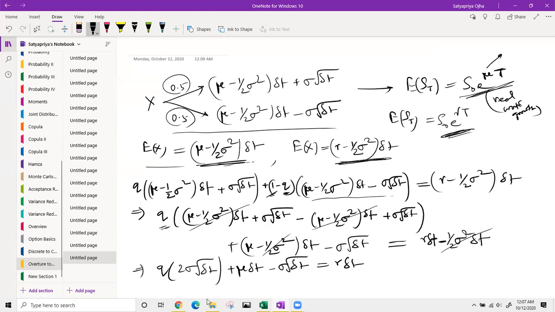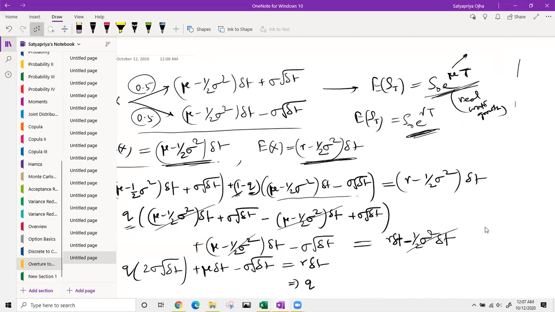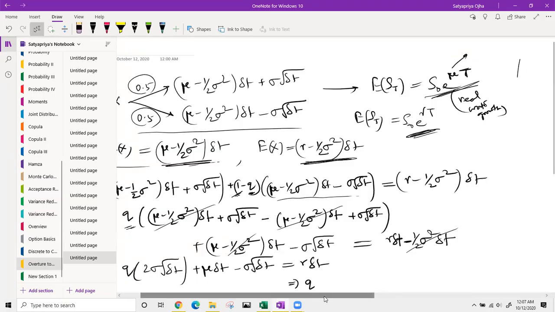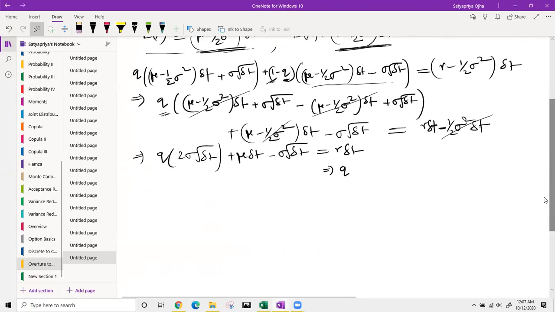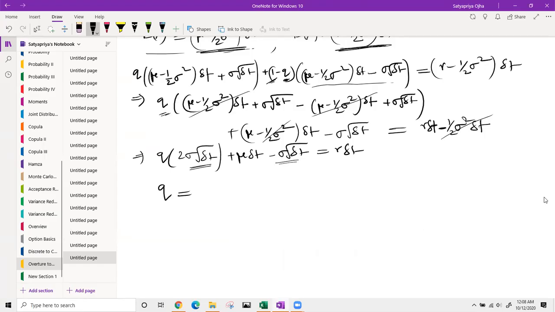So here I get, if you look closely, actually, one second. For some reason it came back. Thank God. Okay, so let's see. If you simplify, you'll get Q equal to, take sigma square root of delta t to the other side and divide it by 2 square this thing.